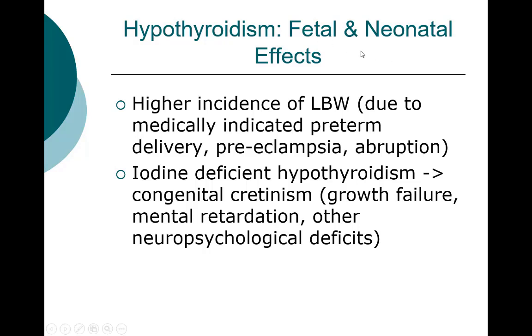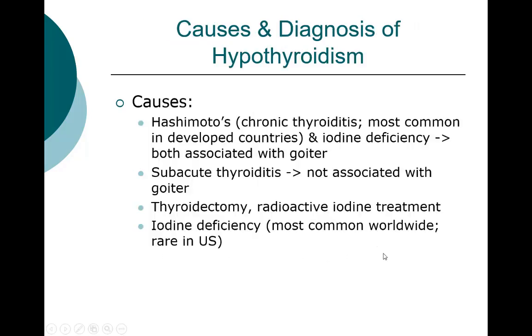Hypothyroidism, fetal and neonatal effects. There is higher incidence of low birth weight due to medically indicated preterm delivery or preeclampsia or abruption. Iodine deficient hypothyroidism: congenital cretinism, growth failure, mental retardation, other neuropsychological deficits. What are the causes? May be autoimmune, subacute thyroiditis, thyroidectomy, or iodine deficiency.